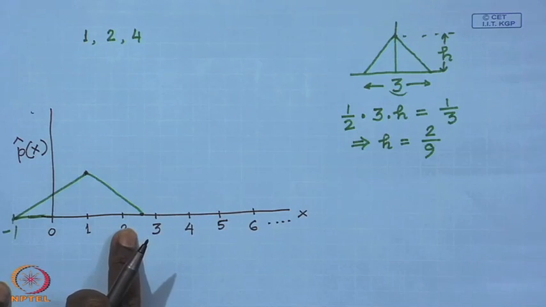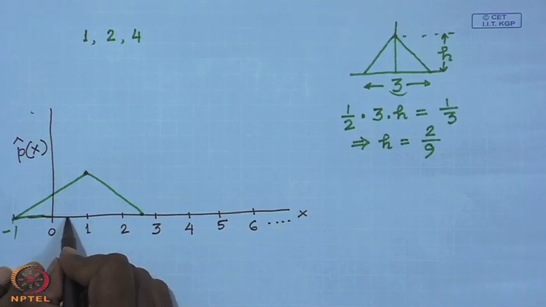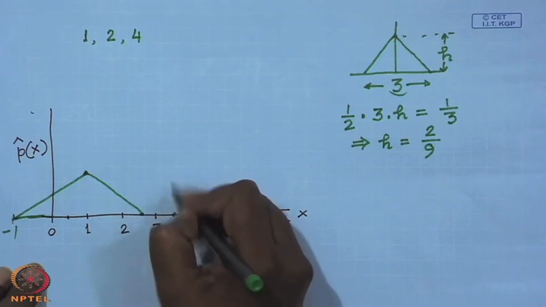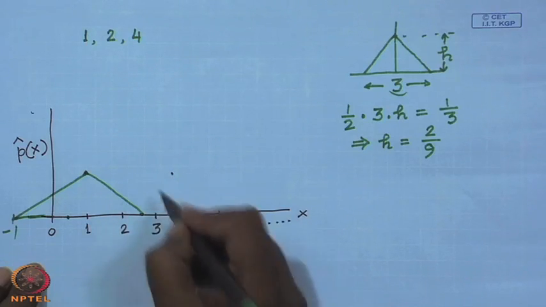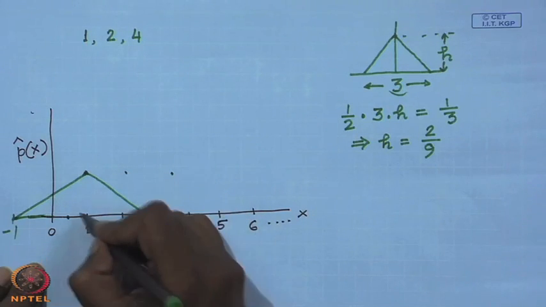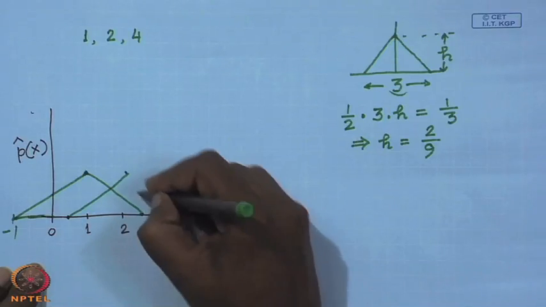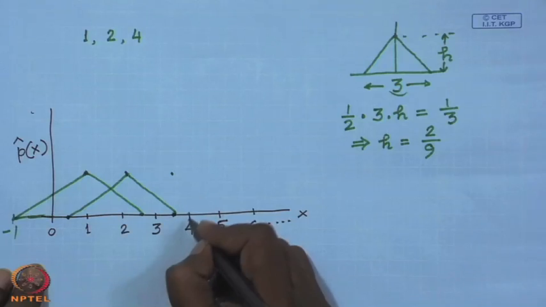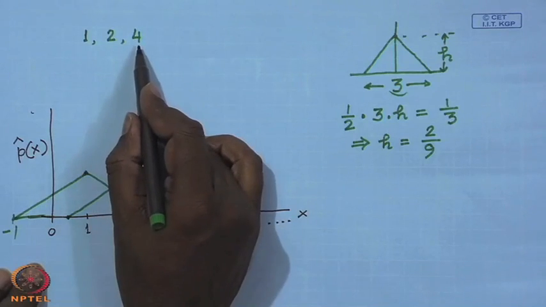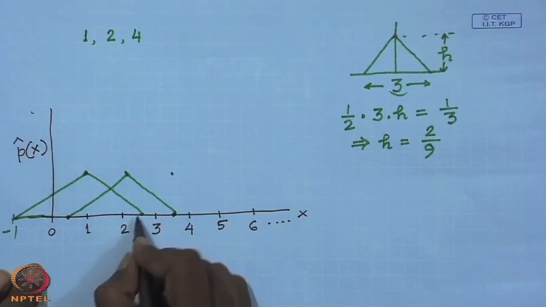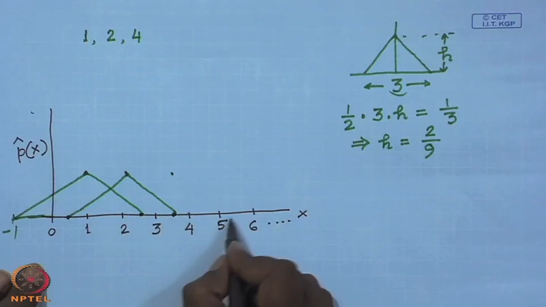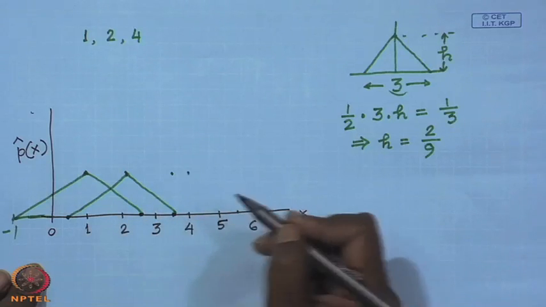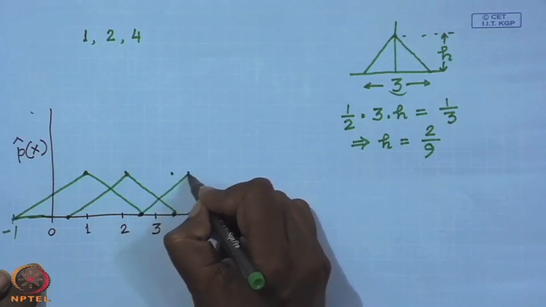Similarly, the triangular window placed at location 2 will span from 0.5 to 3.5, and it will be like this. And I place one window at location 4 because I have a sample at location 4, and this window will span from 2.5 to 5.5. So, it will be like this.